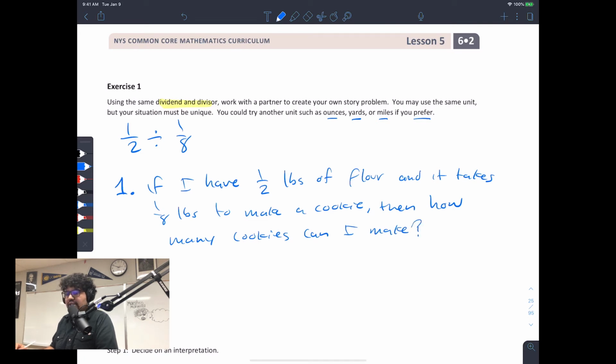Right, and so this is just one example that I'm coming up with, but you can come up with your own. So again, the answer here would be 4 cookies, right?